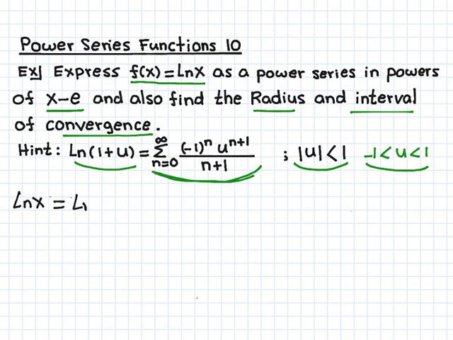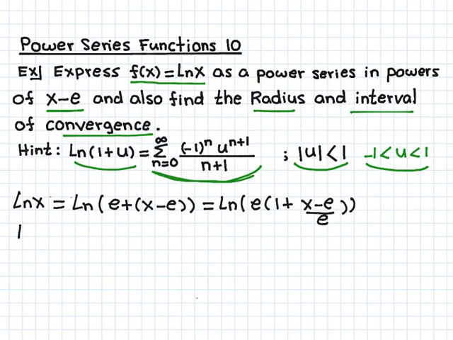as log of e plus x minus e. Now we can factor out an e inside the bracket, so we get ln of e times 1 plus x minus e divided by e. Now let's apply the log rule for multiplication to split up the logs.